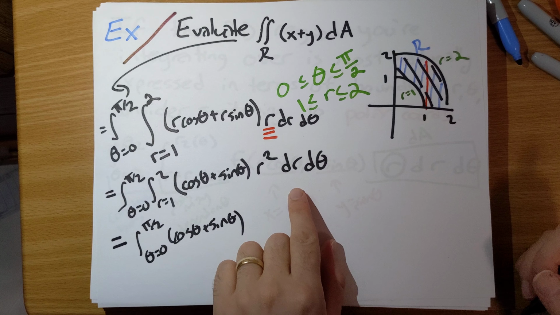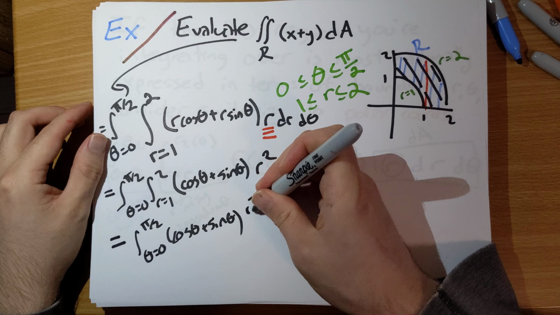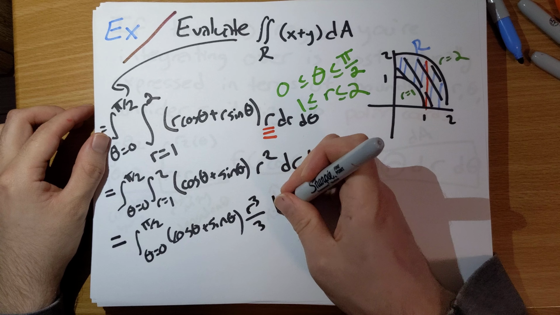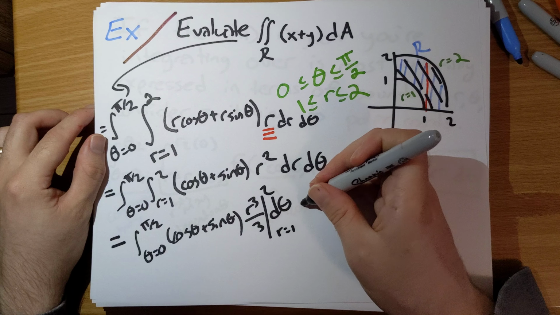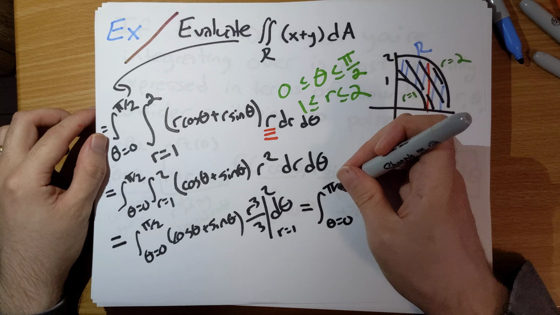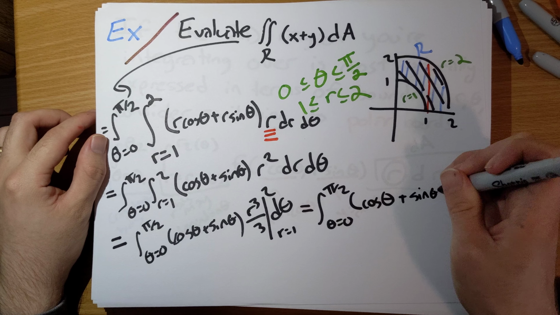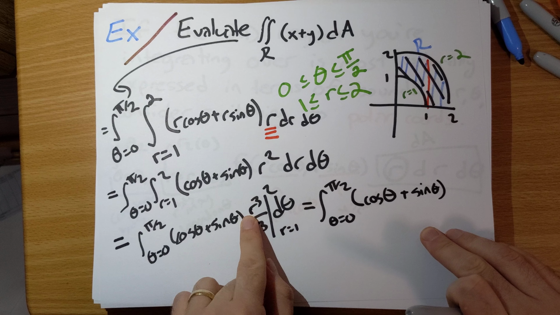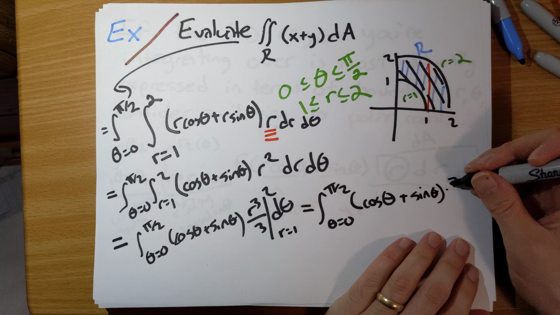Okay, the antiderivative of r squared is going to be r cubed over 3. Plug in r is 1 to r is 2. And so theta runs from 0 to pi over 2 of cosine theta plus sine theta times, this will give us 8/3 minus 1/3, which is 7/3.